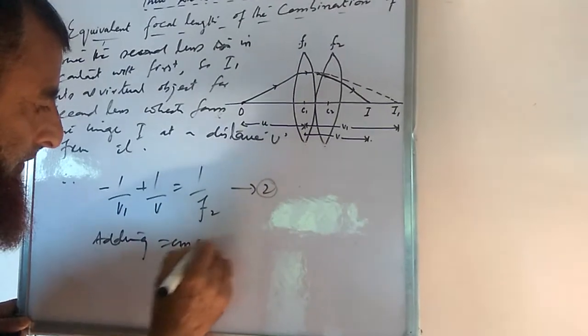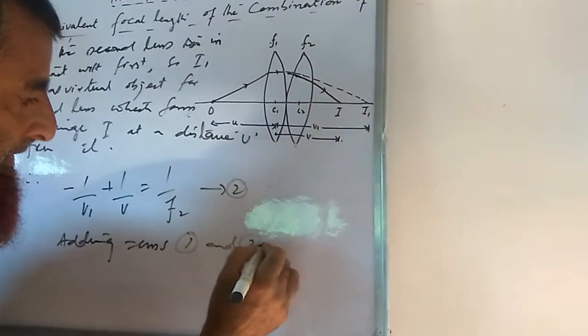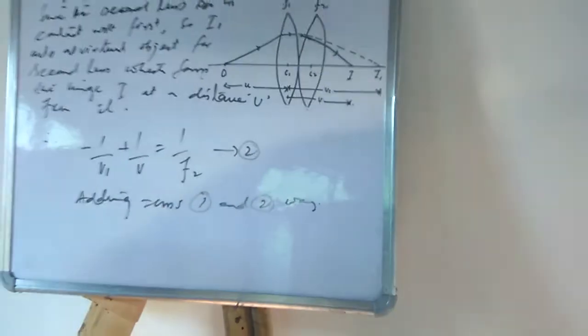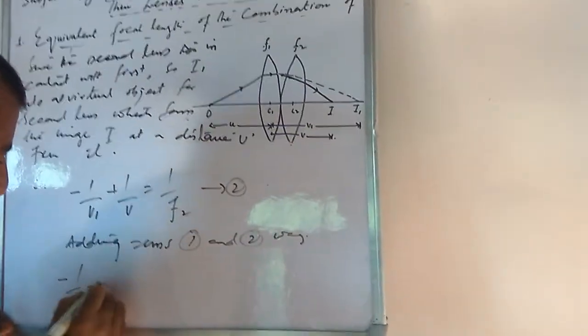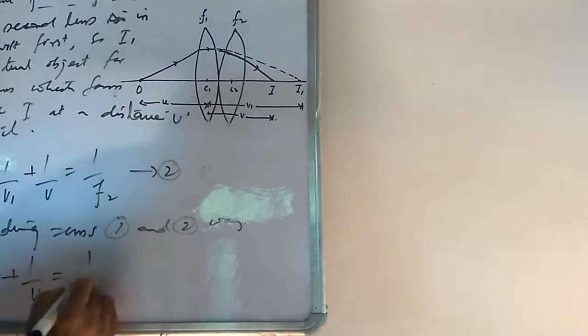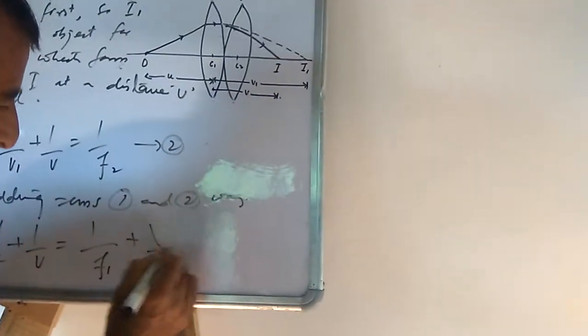Adding equations first and second, we get minus 1 by u plus 1 by v is equal to 1 by f1 plus 1 by f2.